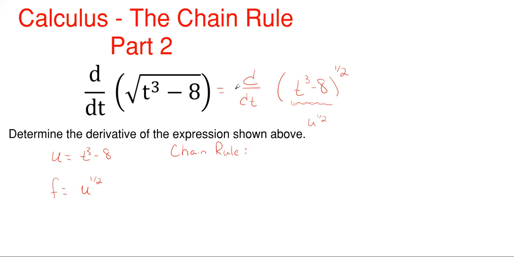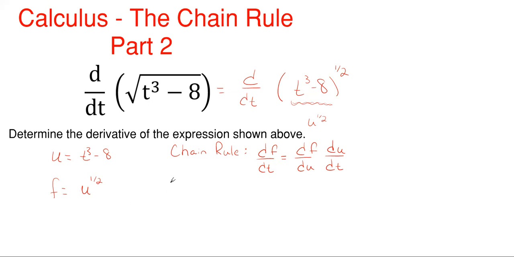So what that changes is d/dt into df/dt, the derivative of expression f with respect to t, which is equal to df/du multiplied by du/dt. So the first one is just the derivative of my f with respect to u, which would be this one. And then the second one is the derivative of my u with respect to t, which would be this one. And then we multiply those together.